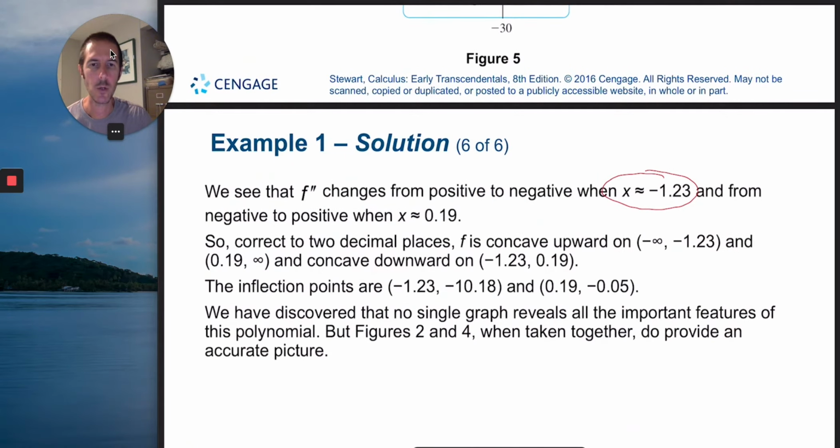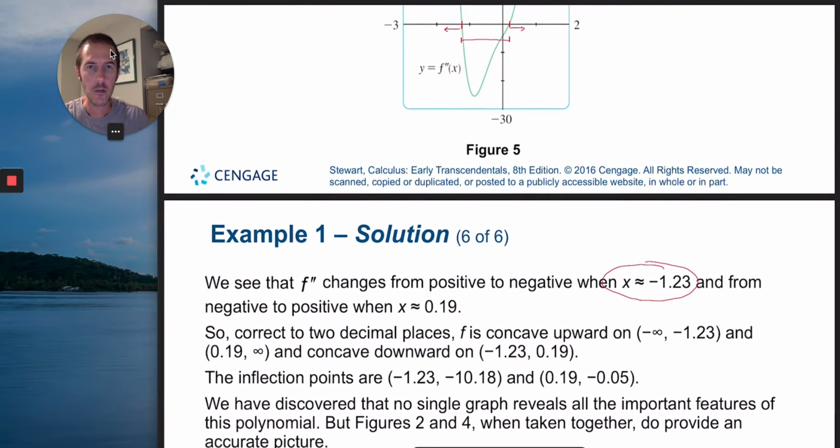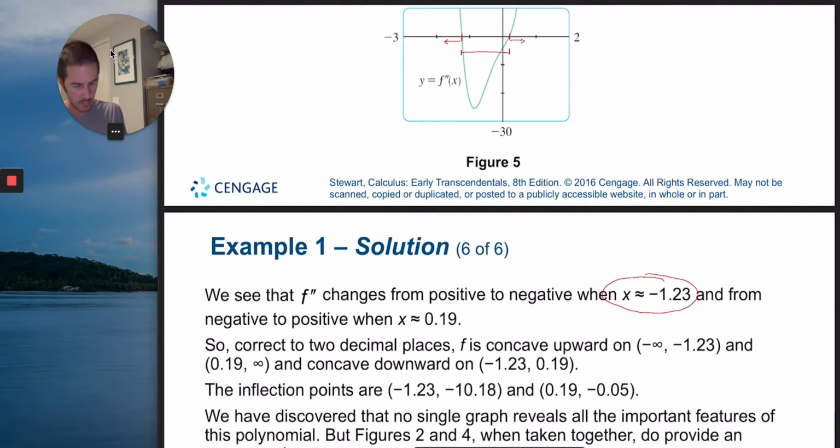Remember that an inflection point is the point where concavity changes. First of all, when is the concavity changing? Let me grab a different color. If you look up at figure 5, the concavity is changing from positive to negative when x equals approximately negative 1.23. So what is the inflection point?